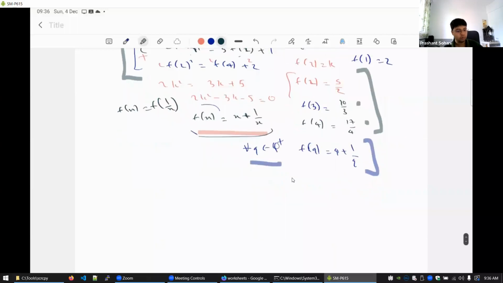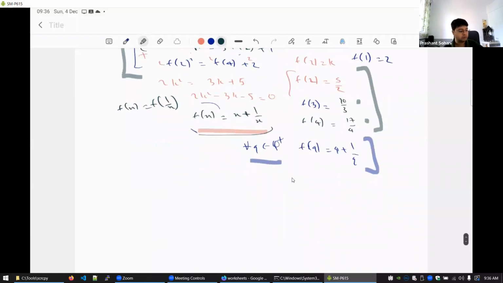So let me rewrite the original equations which we have to work with. The original information given to us is that for all x and y which are positive rationals, f of x times f of y is equal to f of x y plus f of x by y. This is the first equation given to us.